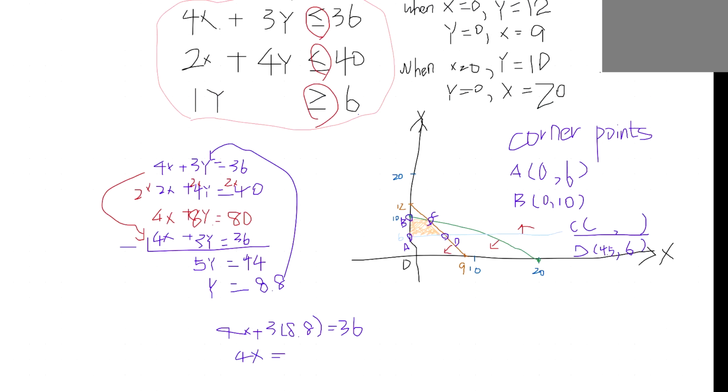Good. And then 9.6 divided by 4 is equal to 2.4. So x is equal to 2.4. Very nice. So we found that here x is 2.4 and y is 8.8. Very good. Now we are very close to the answer.